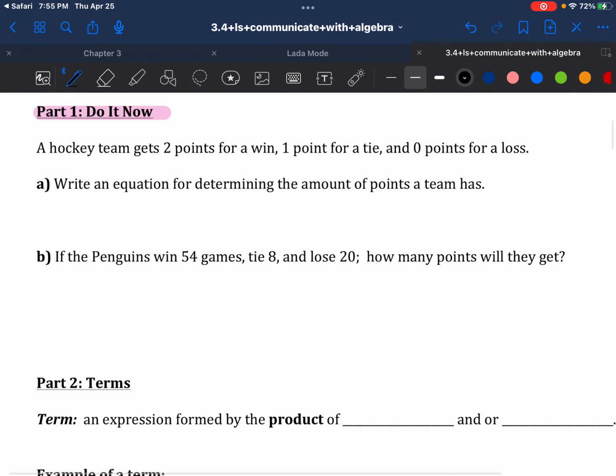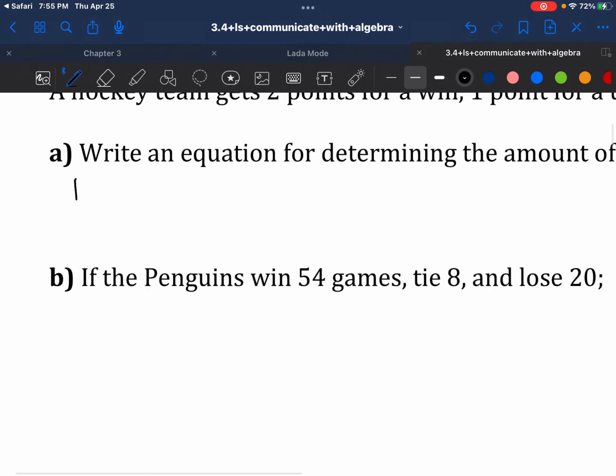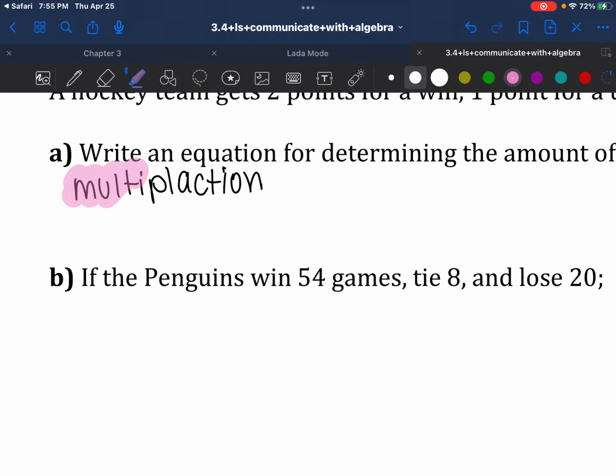A hockey team gets 2 points for one win, 1 point for a tie, and 0 points for a loss. Write an equation determining the amount of points a team has. So we can write this using multiplication. That's what we want to use.